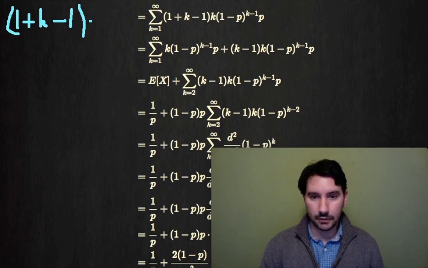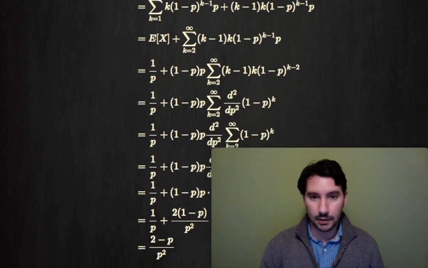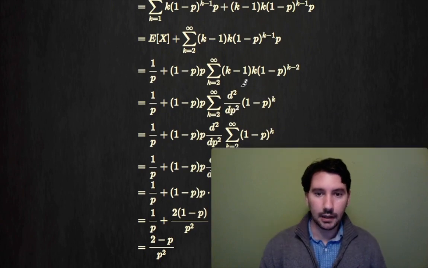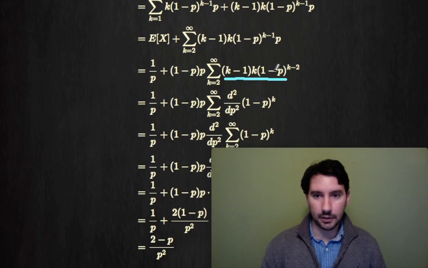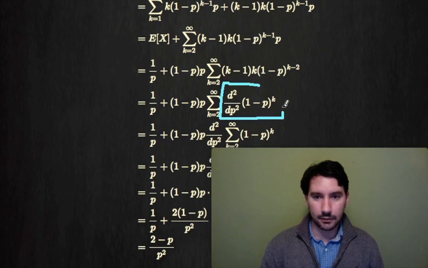Well, we're going to factor out a p and a 1 minus p. So we get (k minus 1) times k times (1 minus p) to the k minus 2. And it's a k minus 2 now because I pulled out a 1 minus p here. And this, you can check for yourself, is the second derivative of (1 minus p) to the k.